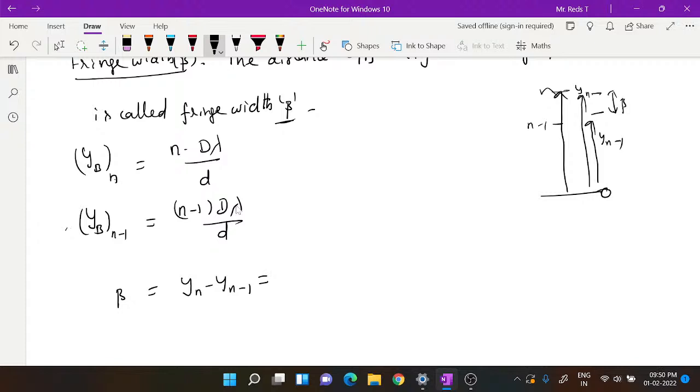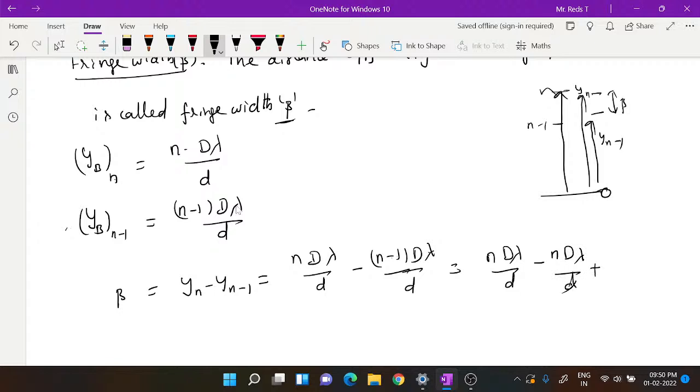This gives us n D lambda by d minus (n minus 1) D lambda by d. If we expand this, it is n D lambda minus (n minus 1) D lambda, and since minus is there again, if we simplify we get n D lambda by d minus n D lambda by d, minus of minus plus 1 into D lambda by d.